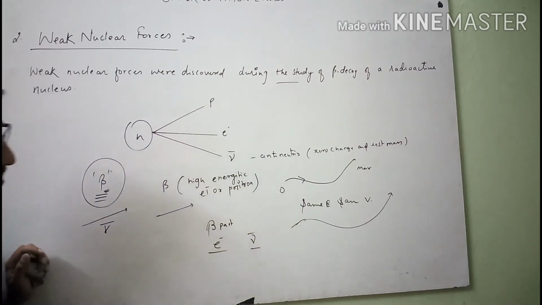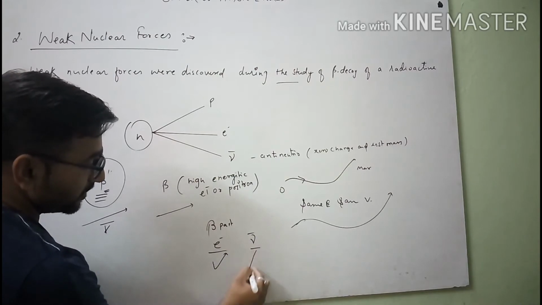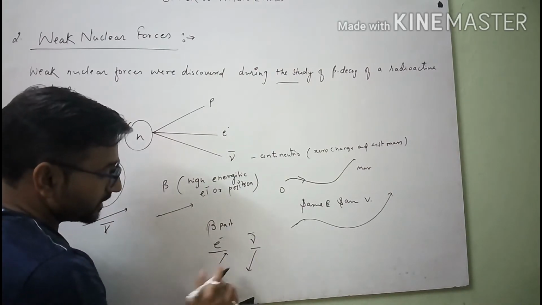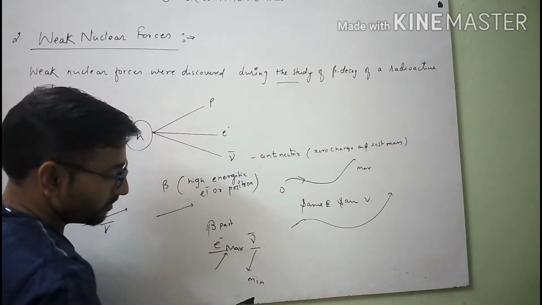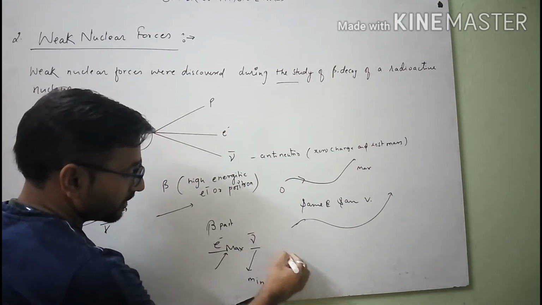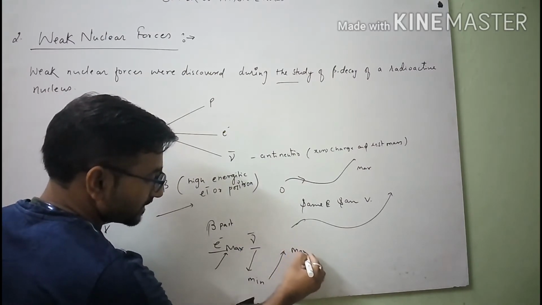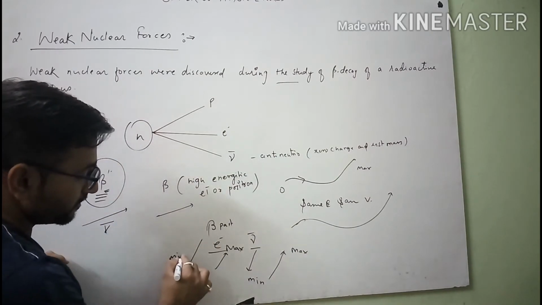When the energy of the electron is maximum, the energy of the antineutrino is minimum. And on the other hand, when the energy of the antineutrino is maximum, the energy of the electron is minimum.